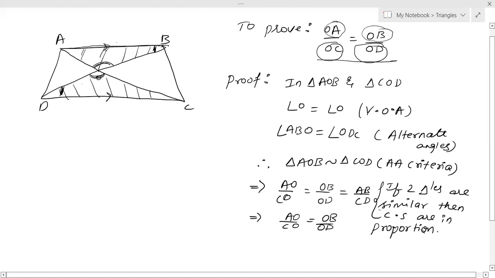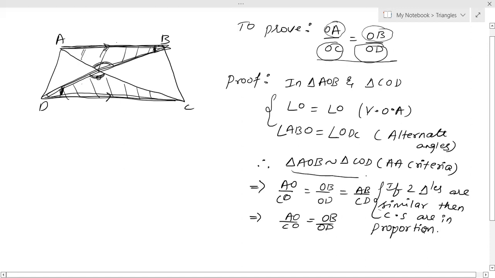Let me retrace it. So you're getting a Z shape over here. I'm just tracing on it. Therefore, if two lines are parallel, alternate angles. So this angle name is OBA or ABO, which is equal to ODC, alternate angles. So we have proved two angles are equal. Therefore, the triangles are similar using AA criteria.